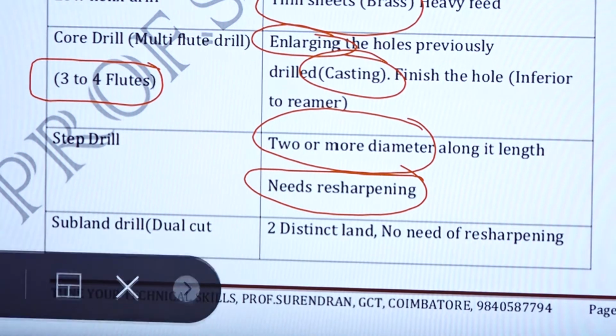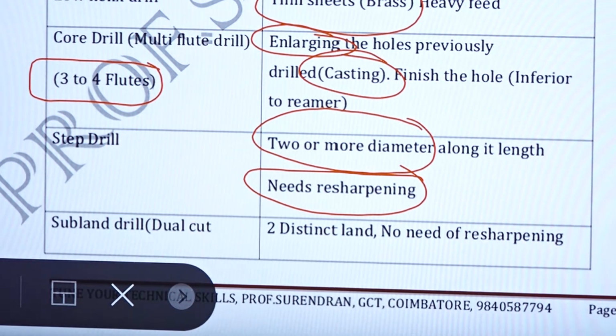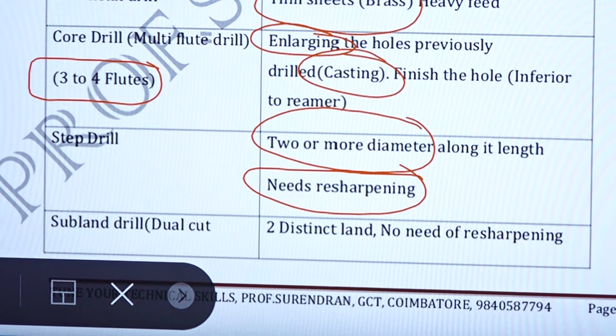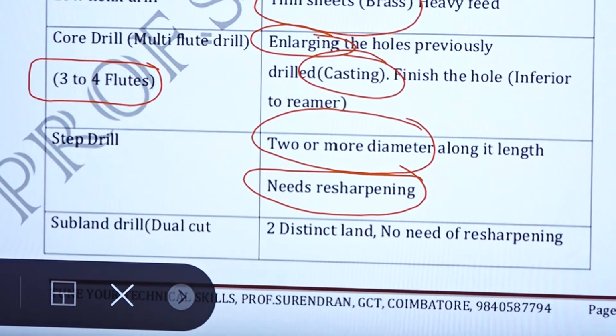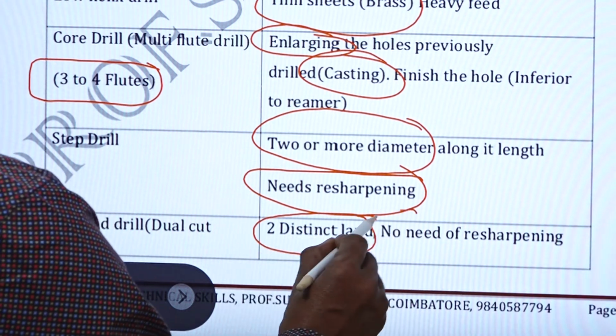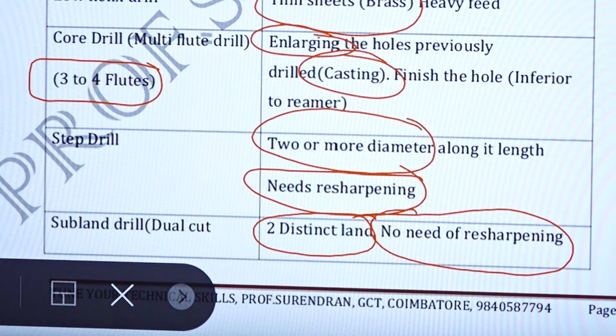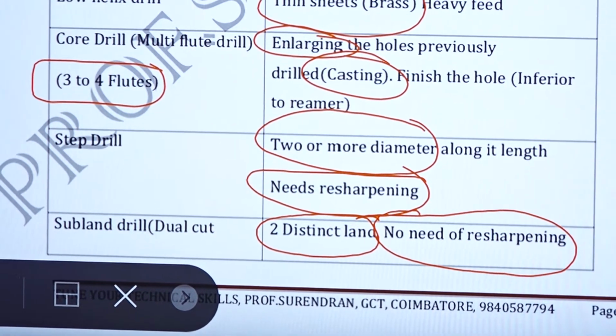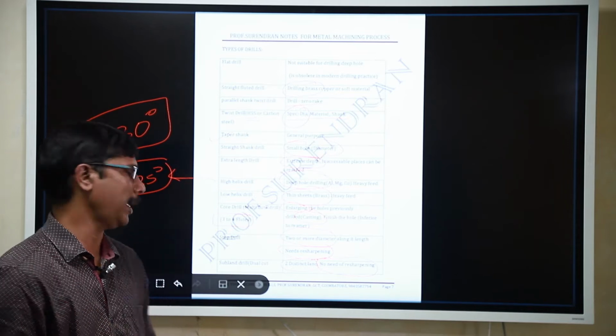Next is the subland drill, also called the dual cut drill. It has 2 distinct lands and there is no need of resharpening. So the subland drill does not need resharpening, while the step drill needs resharpening.